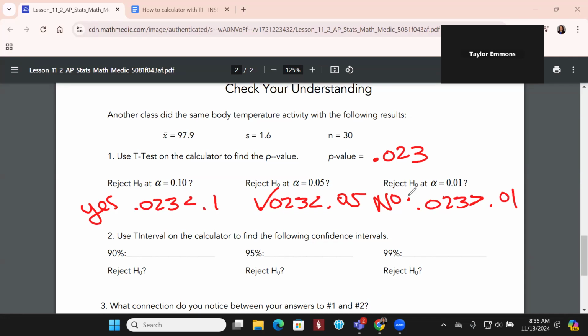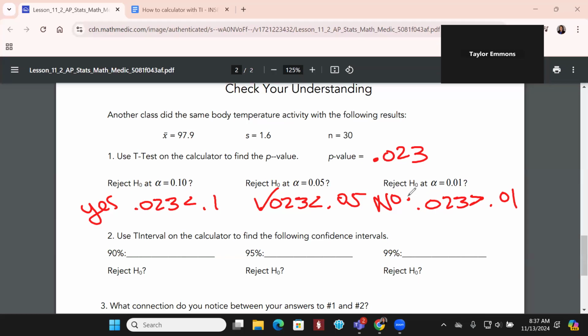It says confidence interval. Then here, confidence interval equals 6, and then 2, t interval. Yep. And that's where you're going to enter your X bar, your standard deviation, your n, and then your confidence level.